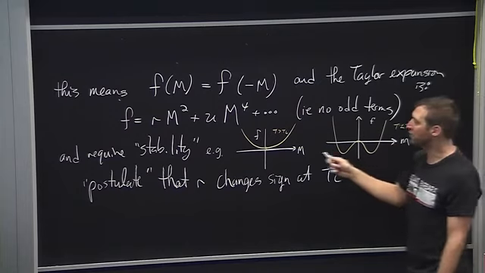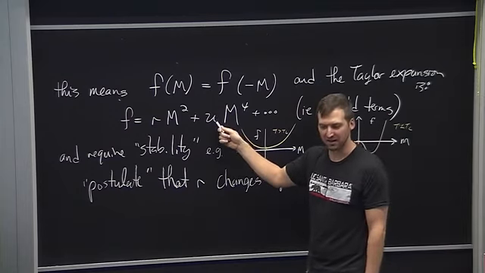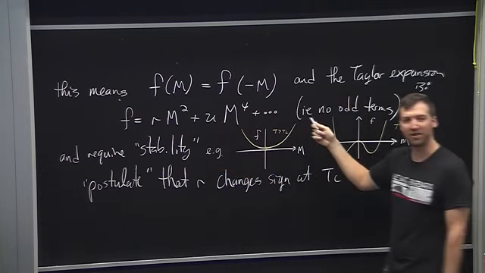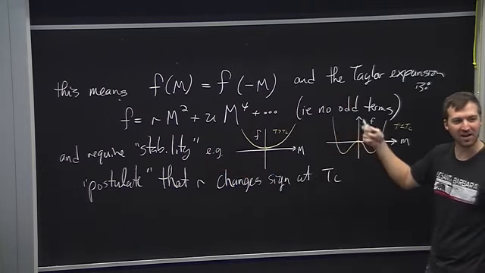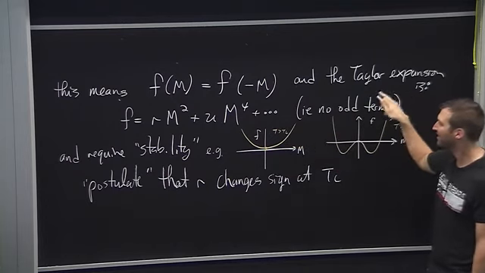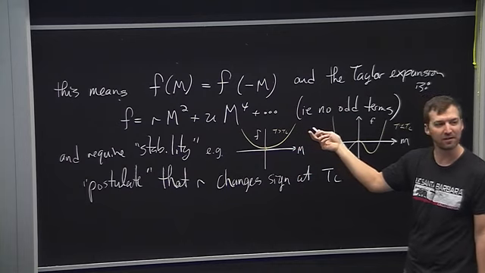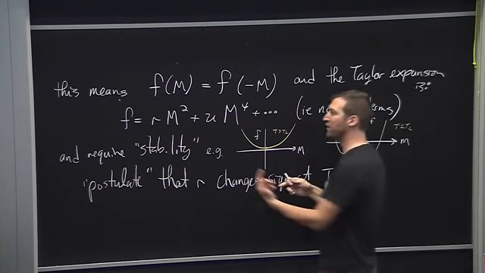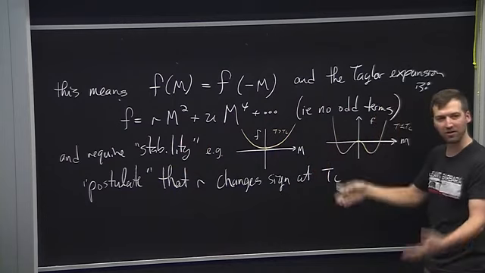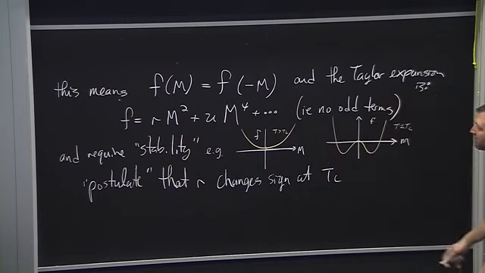So if for some reason u changes sign, like it does in question 2, then you have to have another term in your Landau theory. And the next highest order term, which isn't odd, is M6, right? So then you're free to change the sign of both of these, and stability is guaranteed by the higher order term M6.